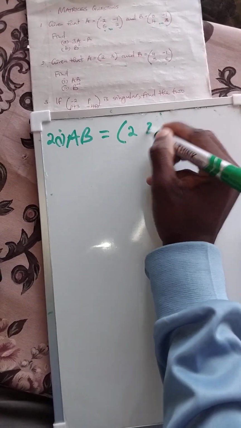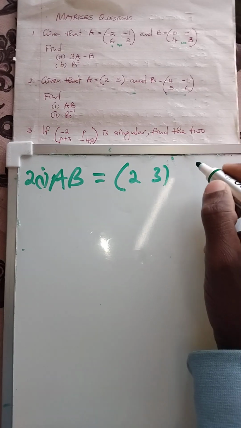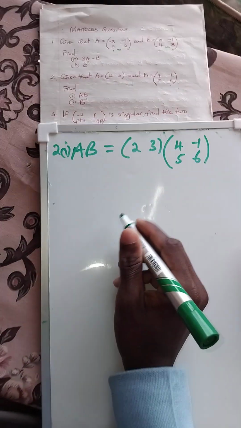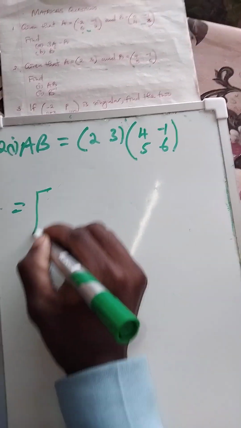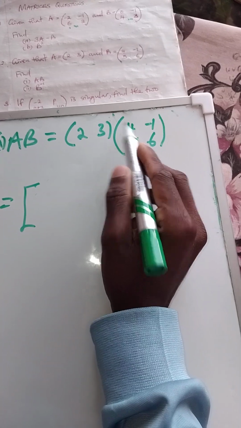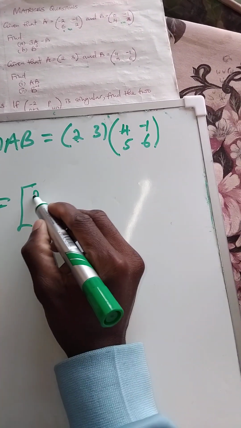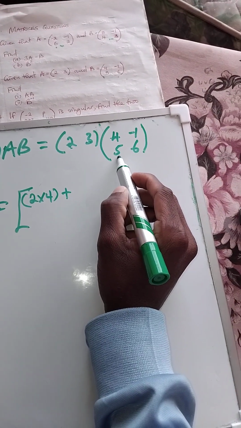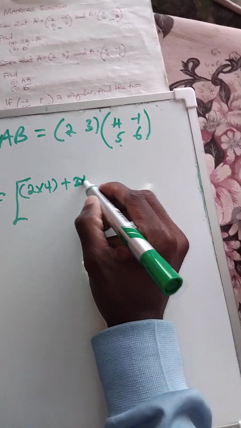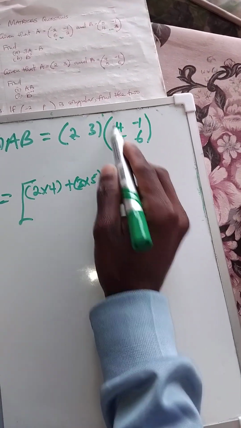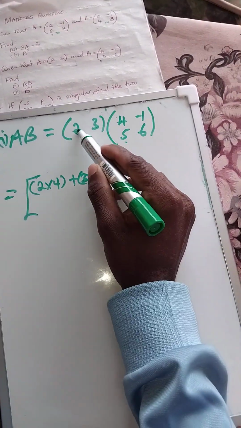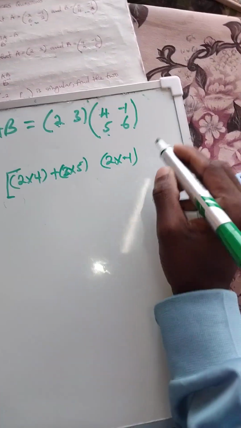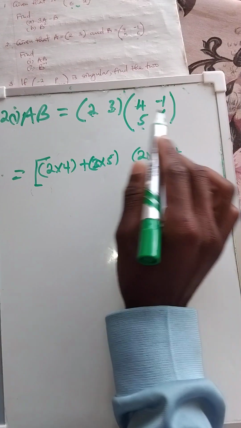So A is 2 and 3, times B, 4, -1, 5 and 6. So here in the brackets, row by column: 2 times 4, plus 3 times 5, and on this side 2 times -1, plus 3 times 6.